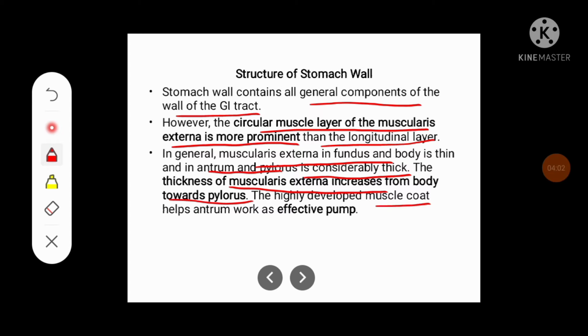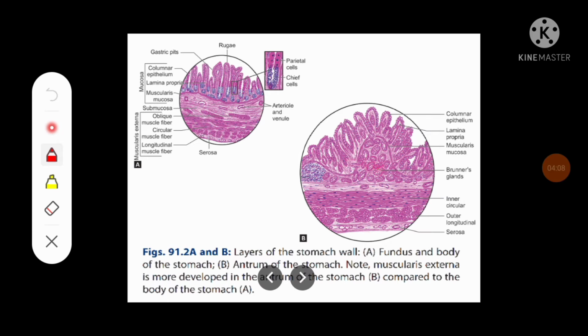The highly developed muscle coat helps the antrum to work as an effective pump. So this is showing the different layers of the stomach wall, fundus, body of the stomach, antrum of the stomach. Okay. Note that the muscularis externa is more developed in the antrum than in the fundus.